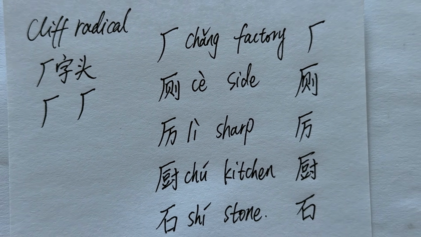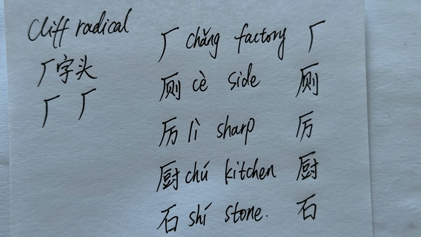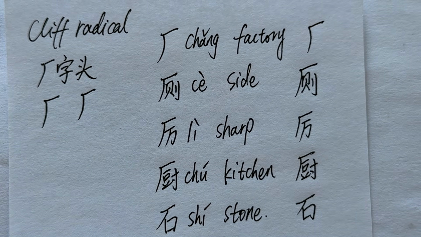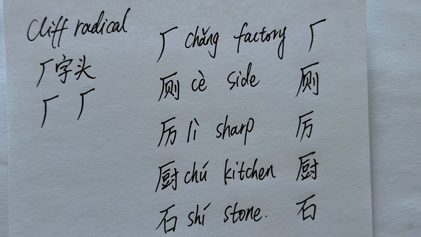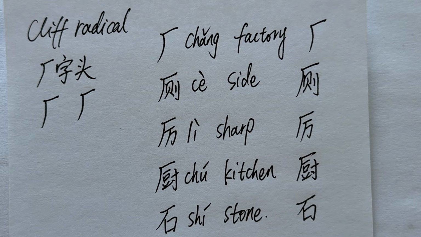Cliff radical 场字头. Whenever you see this overhanging shape in Chinese characters, you can associate the meaning with shelters, rocks, or constructions.